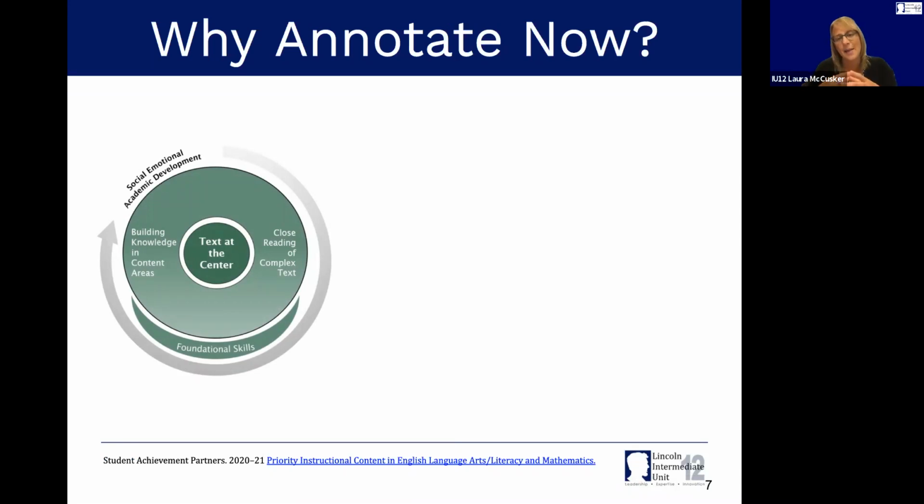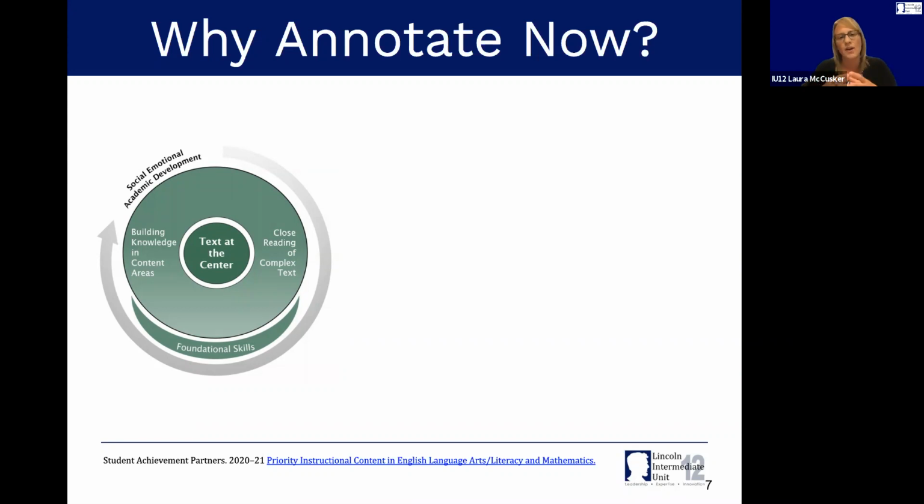And though that hasn't happened from the PDE level, what we're seeing is some of our partners that are in the field are also coming out with publications. So at the bottom of slide 7, you'll see a link out to the priority instructional content in ELA and math for 2020-21 by Student Achievement Partners, or you may know them, Achieve the Core. And so I kind of took this graphic from that as I was unpacking this.